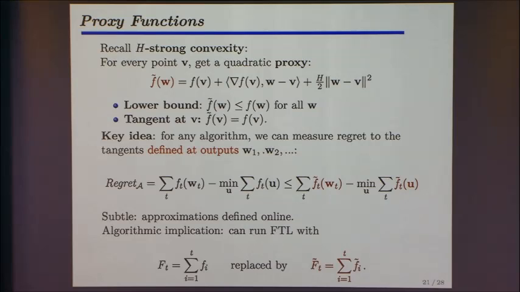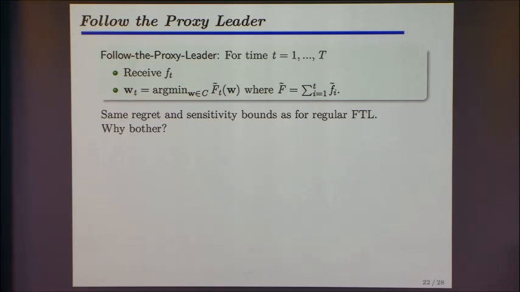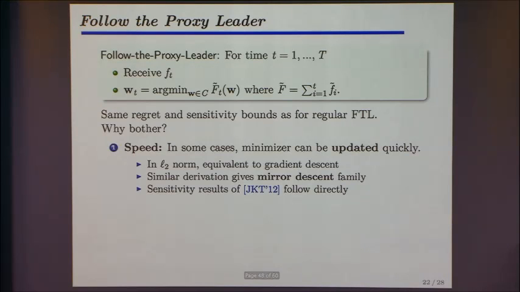So instead of using the real cost function, I use this proxy function. It turns out that gives us an algorithm that has exactly the same regret behavior as the regular follow the leader algorithm, but it's going to be much easier to make it private. There are a couple of reasons why you might want to do this.